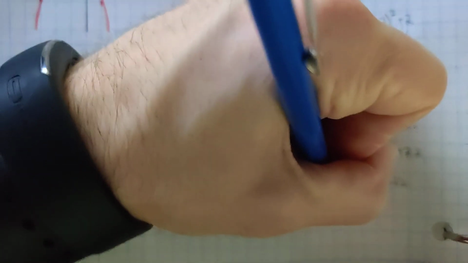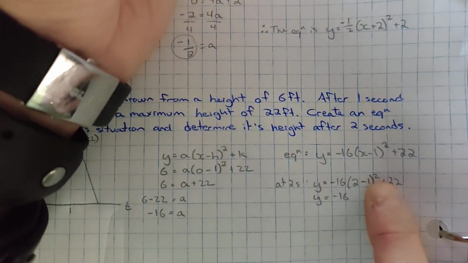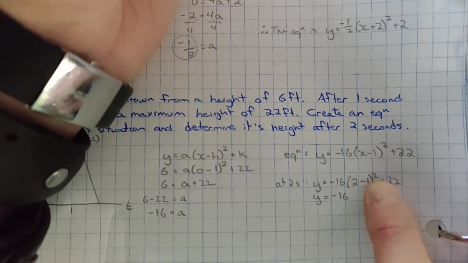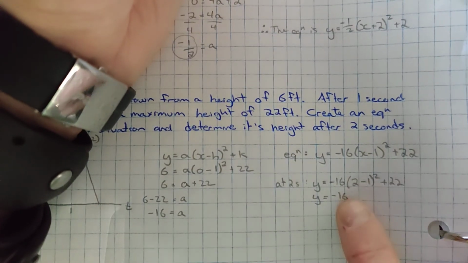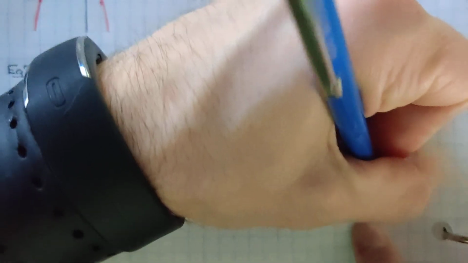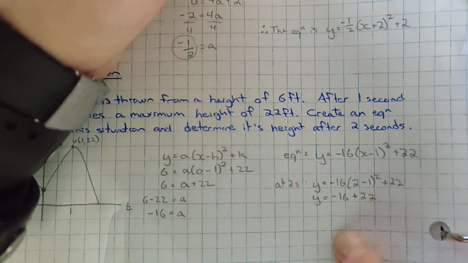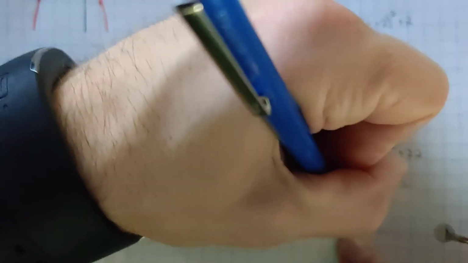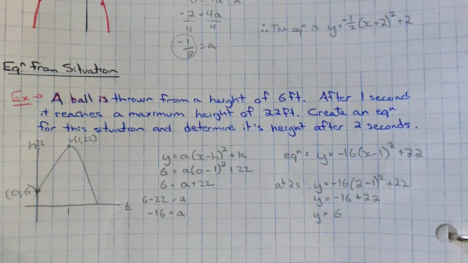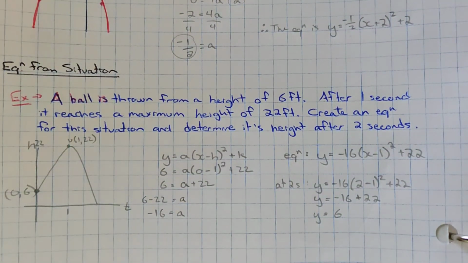And we have y equals -16, 2 minus 1 is 1, 1 squared is 1, 1 times 16 is 16. So this just works out to -16 plus 22. -16 plus 22 is going to give us a value of 6. After 2 seconds, it's at a height of 6.